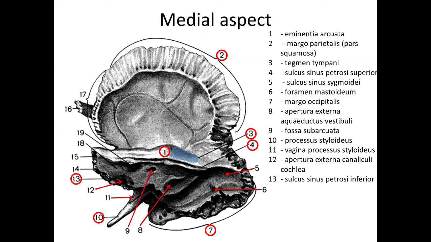And let's continue. Number 14, apex partis petrosae, apex. Number 15, also part of the pyramis, we can say also apex partis petrosae. And number 18, facies posterior pyramidis. All these structures are facies posterior pyramidis.